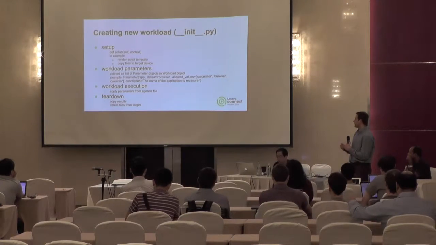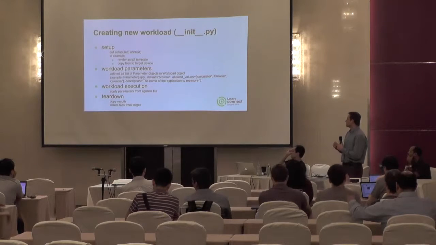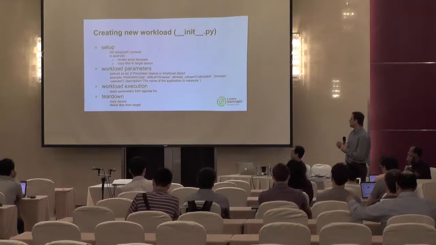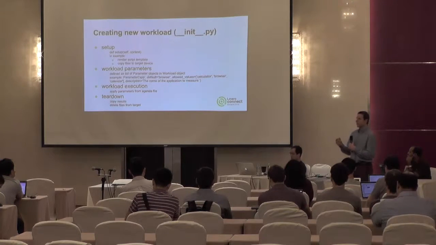Those values are the workload parameters, and the parameters are defined, again, as a resource that Workload Automation defines, also in the init file. So you can add as many parameters as you want. Then the name of the parameter can be reused in the shell script template as a variable. Anywhere the shell script needs a variable that should be passed from the command line, the parameter can be used.